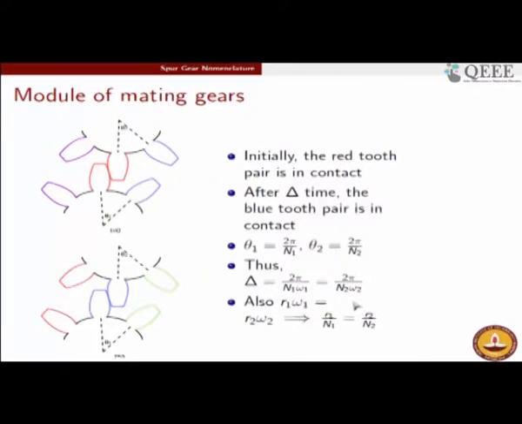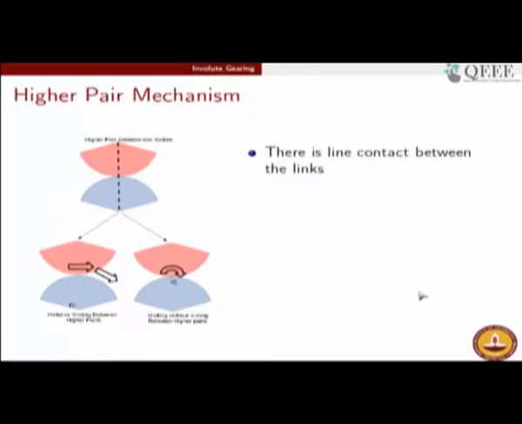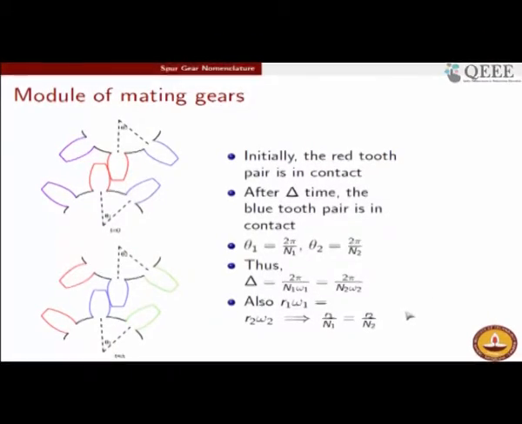So, both the radius as well as the number of teeth are in inverse proportionality with the speed of the gear. As such, R1 by N1 must equal R2 by N2, which effectively means the ratio of diameter to the number of teeth has got to be the same between any two engaging gears.